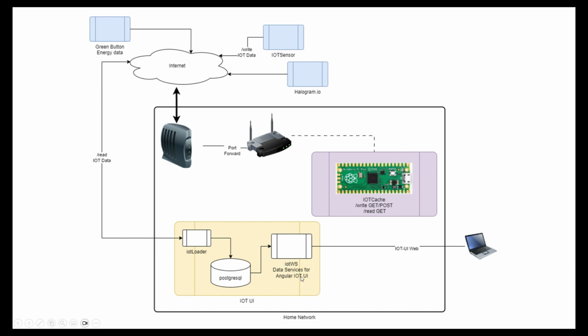And because I'm using an Angular UI front end to these web services, you can just use a normal browser to access that client and see the IoT data. Again, the point of this is to get it on my home network and have a generic IoT client that I can use to access all the different types of IoT data I may have.